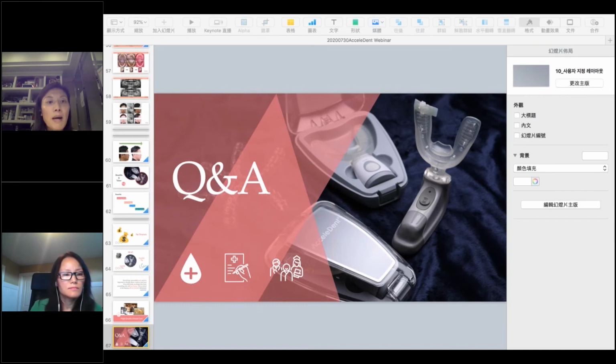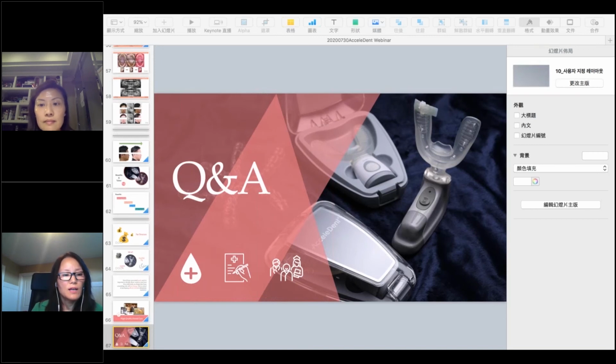But you can combine both. If you have a class 2 to start with and you want to correct it to class 1 quickly, you can combine the Carriere Motion together with the AcceleDent as well. So you bond the Carriere Motion, and then you ask the patient to use the device for 20 minutes every day. I think it will help with the distalization protocol as well.